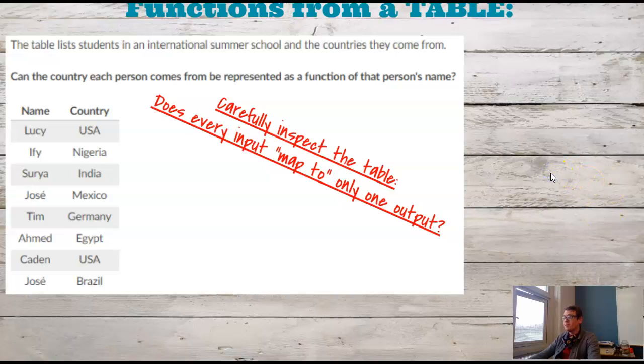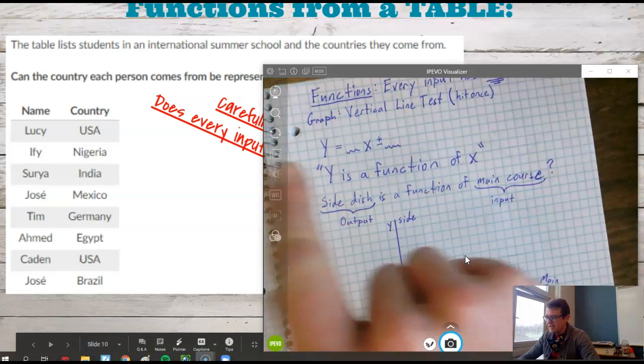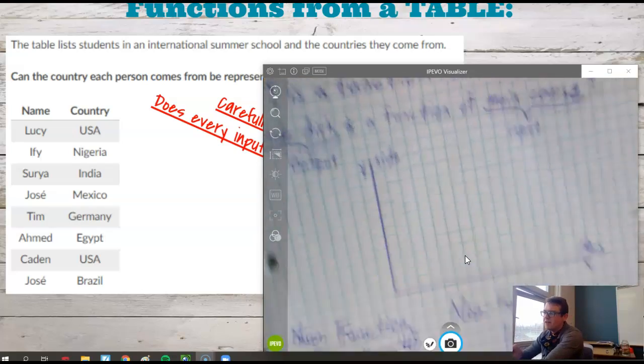So now we get back to these complicated input-output situations that aren't numbers and aren't graphs. What I want us to very particularly write down in our notes before I send you into breakout rooms is if y is a function of x.